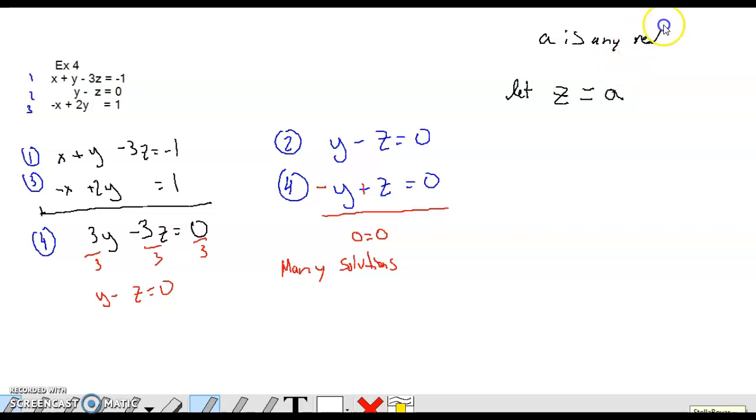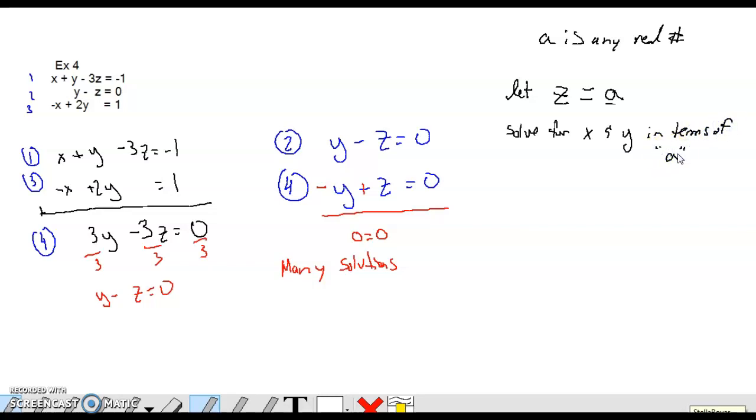So any real number. Okay, so that means everywhere I see a z, I'm now going to replace it with an a. And now I'm going to solve for all my variables in terms of a. Okay, so solve for x and y in terms of a.